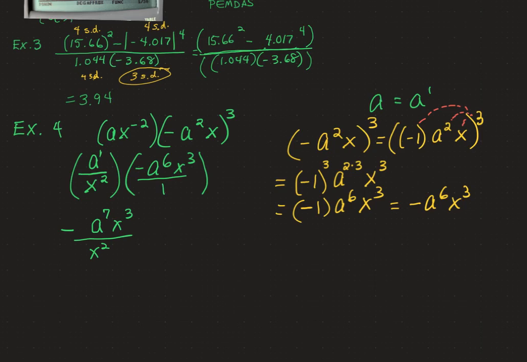But I need to reduce. I have x cubed in the numerator, x squared in the denominator. What's our rule? When we're dividing, we wind up subtracting exponents. Okay, so this is going to be 3 minus 2. That's going to be in the numerator. Now, there are different ways to look at this.